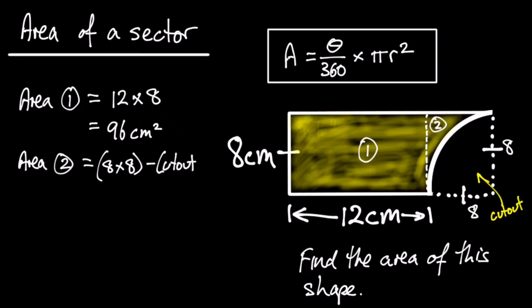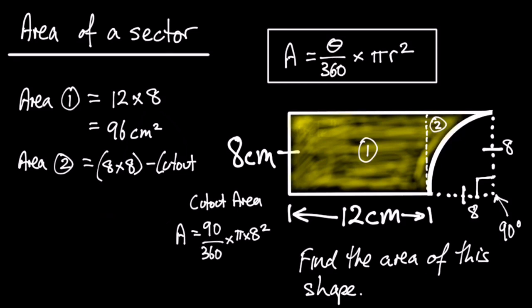Now the area of the cutout I can work out using my formula up here. For a sector, I can work out the area of the bit that was taken away. It's a 90-degree angle, so I'm going to apply my theta as 90 degrees and say the area equals 90 divided by 360 times pi times the radius squared, and the radius is 8.